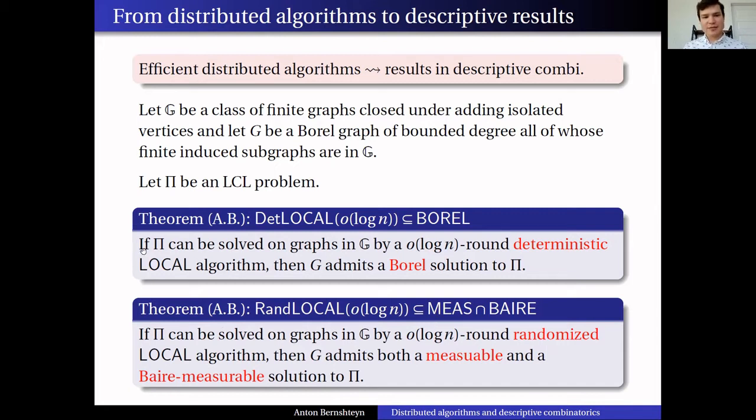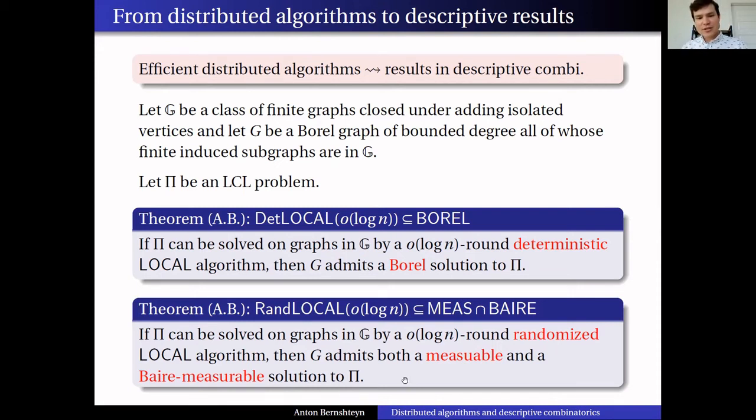So more precisely, if the problem pi can be solved on graphs in this class G by a little o of log n round deterministic local algorithm, then there is a Borel solution to pi on this Borel graph G. And similarly, if instead the problem can be solved by a little o of log n round randomized local algorithm, then on the Borel graph G, it can be solved both in a measurable and Baire measurable way.